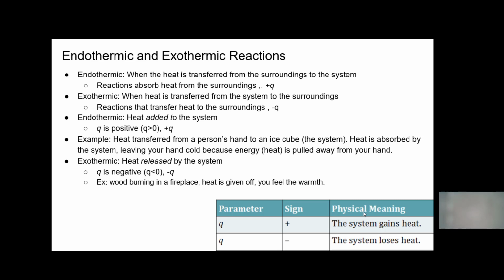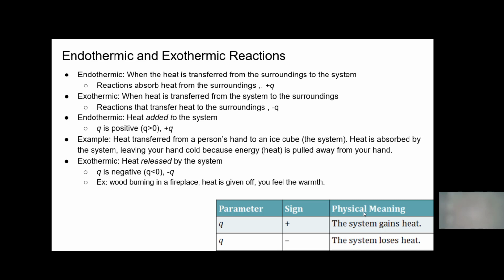So when you have an ice cube in your hand and it's cold, the heat is actually being absorbed from your hand and being taken into the ice cube. The ice cube is then using that energy to change from a solid to a liquid. It's melting and it needs that energy to do the phase change. So energy is being absorbed. Where exothermic, it's being released. Think of a fireplace. If you have fire in there long enough, it will heat the room.